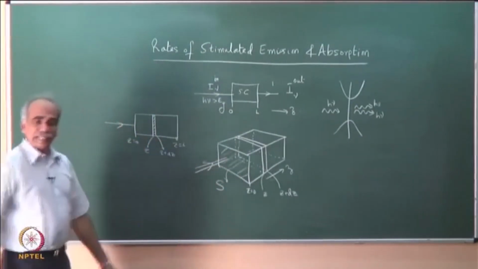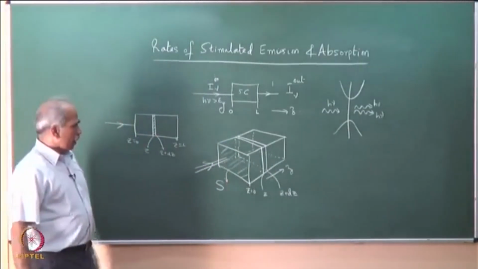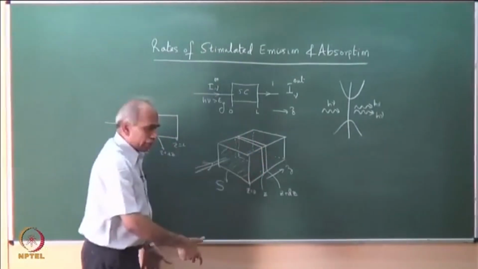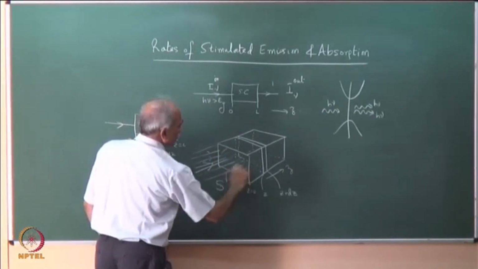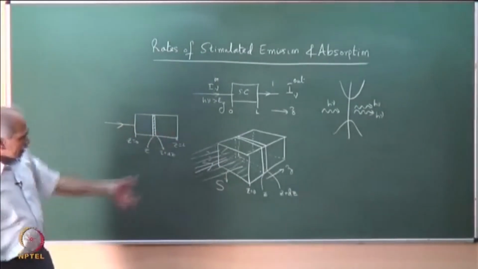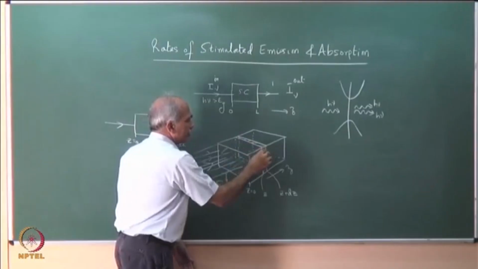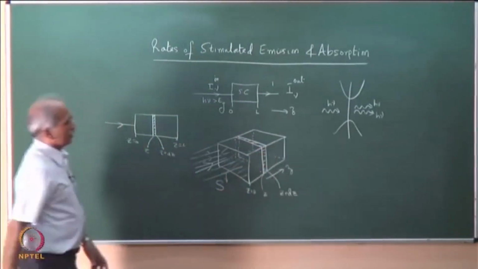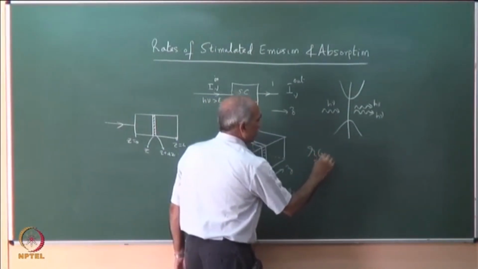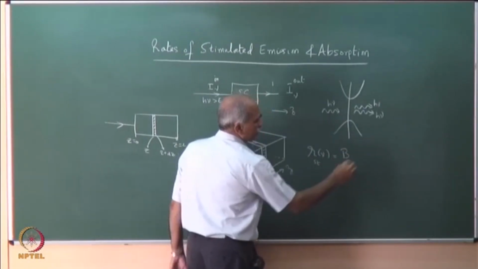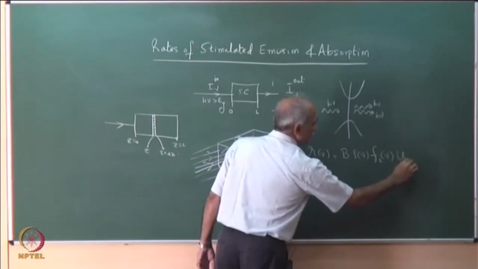We want to get an analytical expression. Let S be the area of cross section of this surface, and the beam is entering through this surface everywhere. The beam is present everywhere in the cross section. If I consider this small volume element, we know that the rate of stimulated emission at a frequency nu is equal to B into rho of nu into Fe of nu into the energy density u nu.